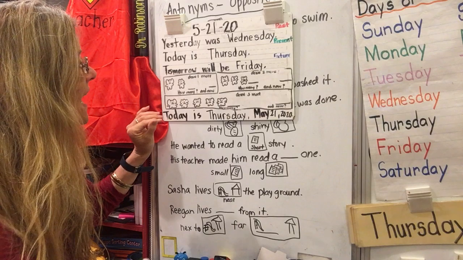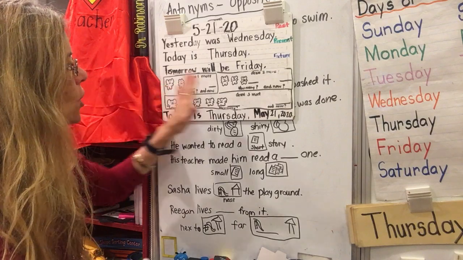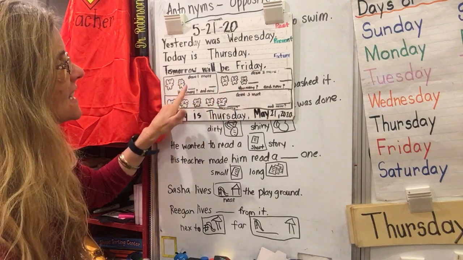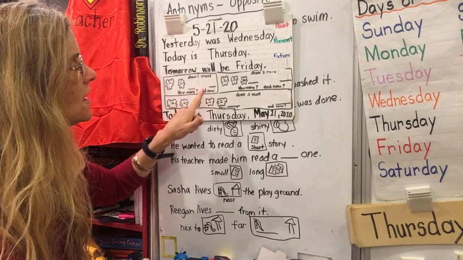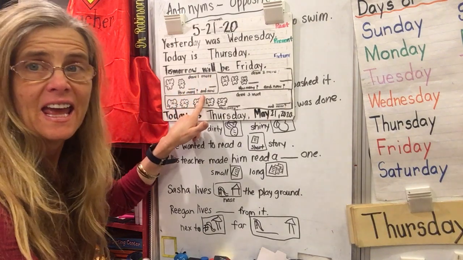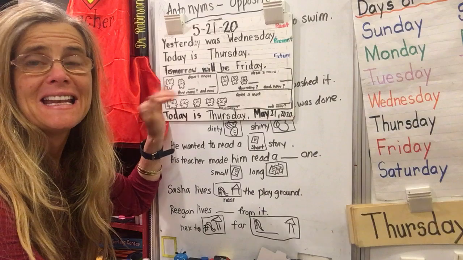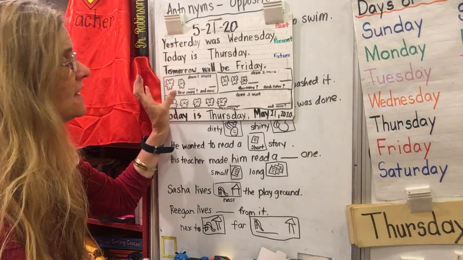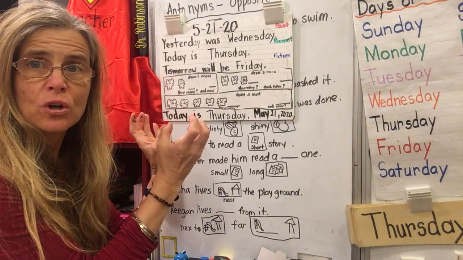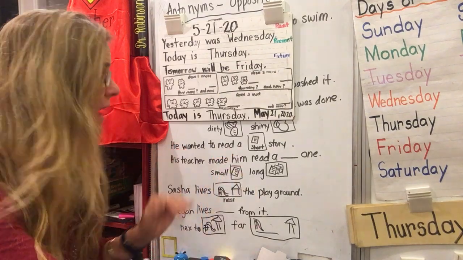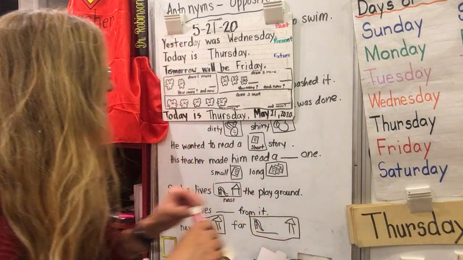So what we're looking at is how many total, and then it's asking us to draw one more and then tell, and now. How many now? How many do you see? You're going to add one more, and then you're going to say how many you have in all.